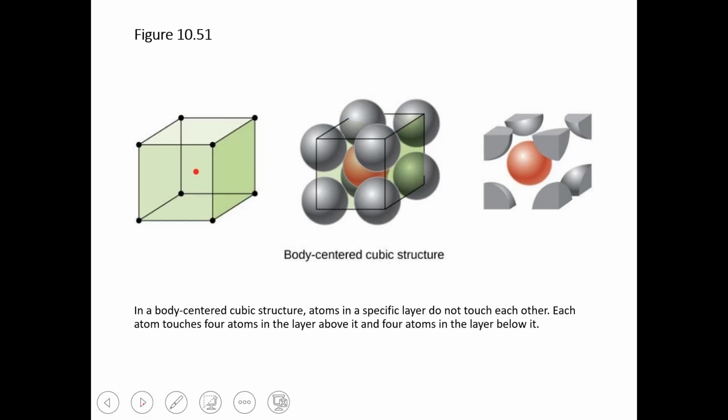If we take a body-centered cubic, if we look at the atom in the center, it touches the 4 spheres above it, and it also touches the 4 spheres below it.